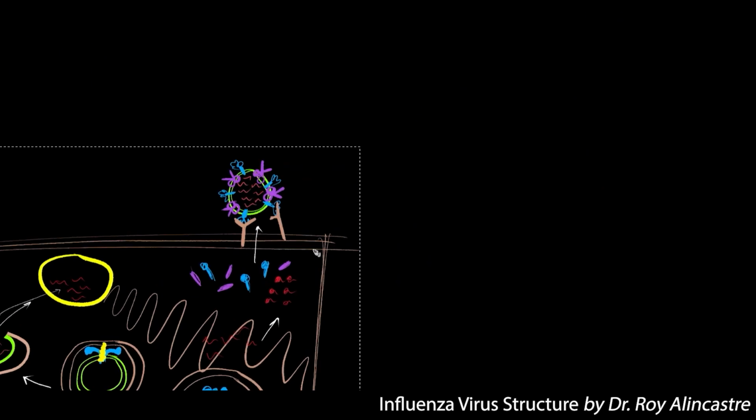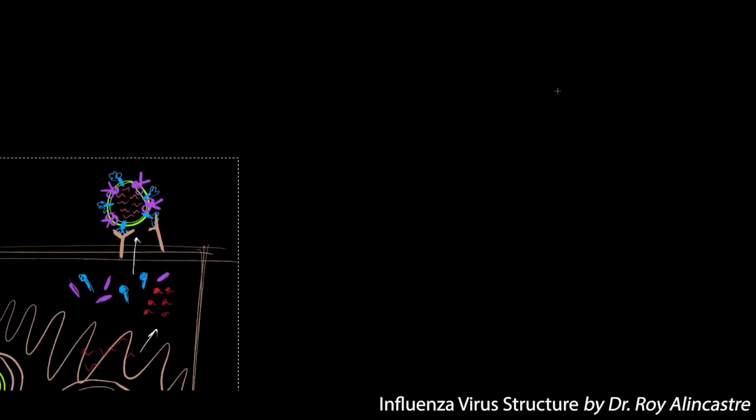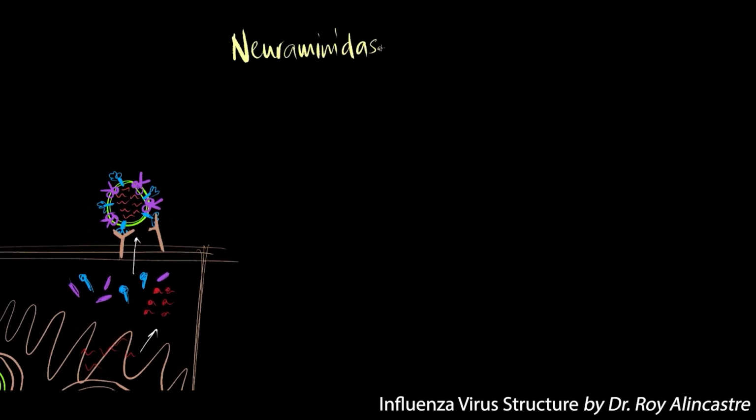So this is now where the other important glycoprotein comes into play, which is neuraminidase. So neuraminidase is the other glycoprotein found on the surface of the flu virus. It is also antigenic. It is actually a sialidase enzyme that removes sialic acid from glycoconjugates.